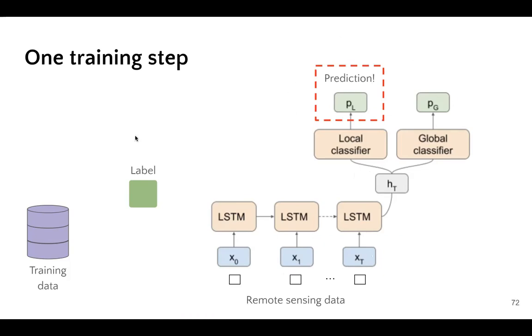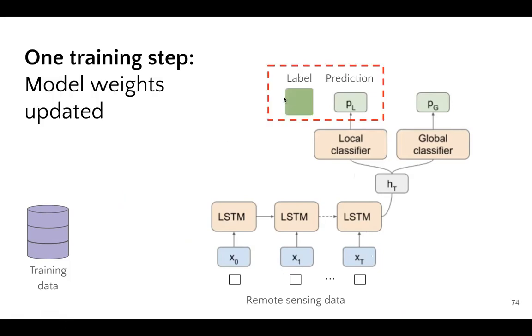In this case, we'll imagine that the training data was local, and so the prediction that we will care about is the local prediction. This is where the label comes into play. We can take our label and make a comparison: what is my prediction and what is my label? If our prediction was non-crop, but the label was crop, the model did a bad job.